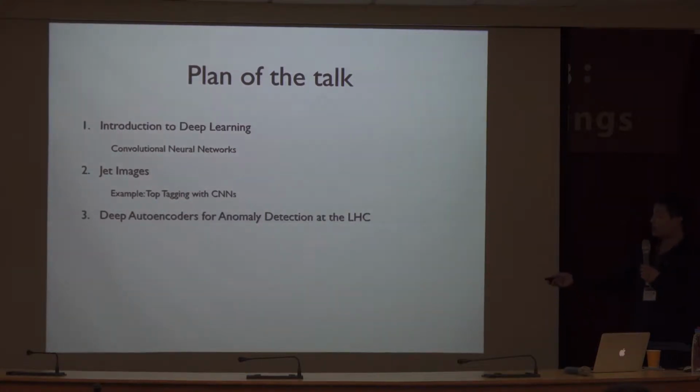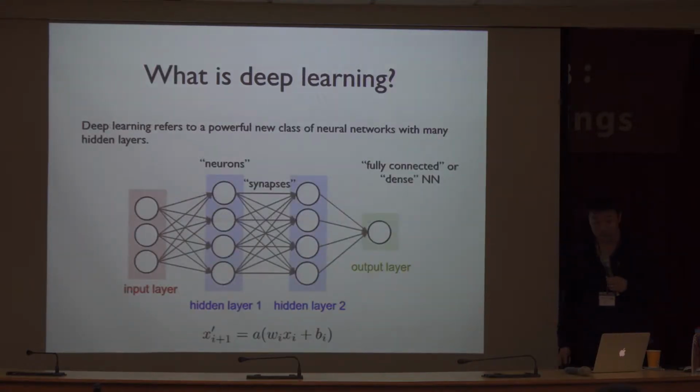And finally, I'll get to the thing that we're really interested in, which is using deep learning for discovering new physics at the LHC. And there, the idea is again to take jet images and feed them into something called an autoencoder.